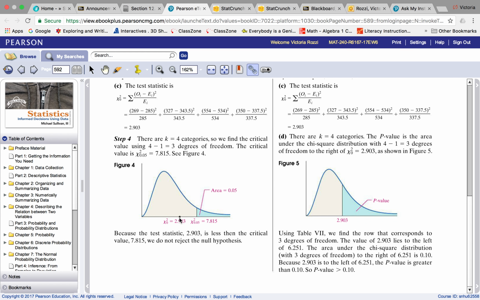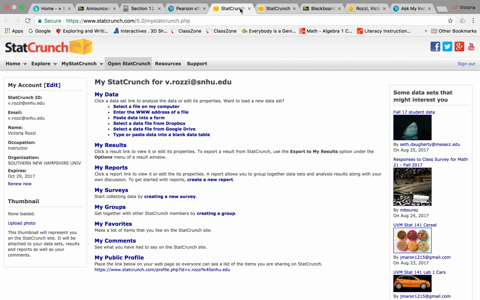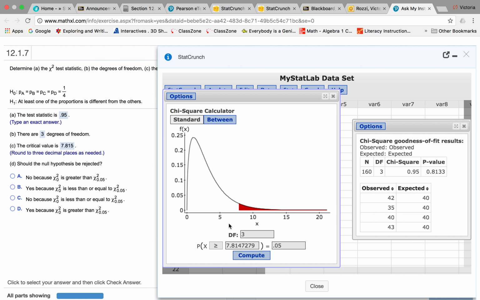So if I go back to my StatCrunch here, where'd it go? I lost it. Hello? Here it is. Okay, I found it. If I go back here, my test statistic is 0.95. So where is 0.95 in relation to 7.815? Well, it's somewhere way over here. So it's certainly not in our rejection region, so I'm not going to reject the null hypothesis.